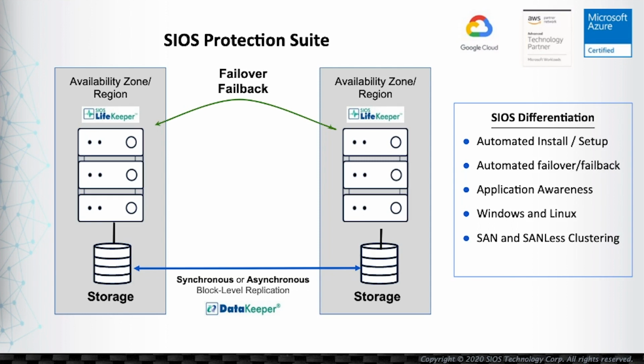One of the big things to consider is how do you get users from one to the other? Whatever solution you're putting in place, whether it's SIOS or anybody else or your own, the tricky part is getting users redirected. If you're on-prem and you're going to fail over to a cloud, how are you going to get users redirected there? If you're in a cloud, how are you going to redirect to a different zone or a different region, or from one cloud to another? That's the tricky part, and each cloud provider has different ways to do that.